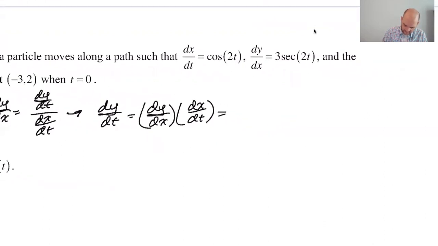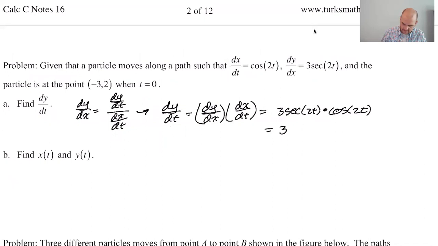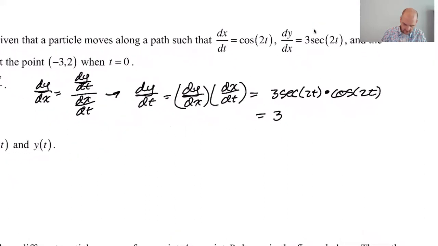That's going to be 3 secant of 2t times cosine of 2t. Well, that's nifty. Secant is 1 over cosine, so this is just straight up 3 all the time. That's interesting. So dy/dt is 3.